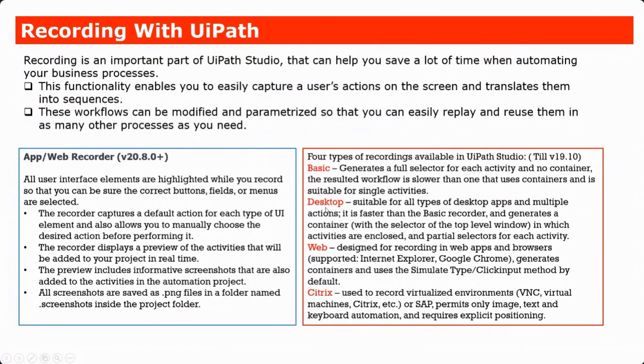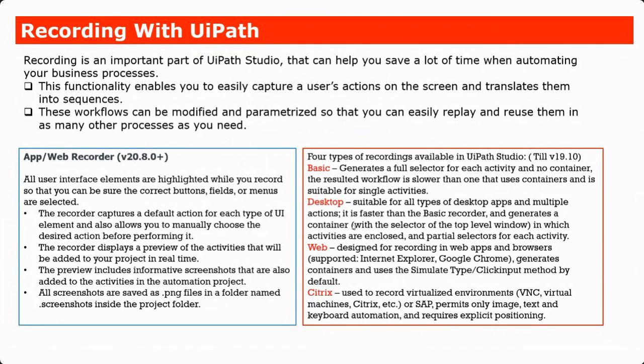In the desktop, whenever you are recording something with a desktop recorder, what it is doing is capturing the selector. When I talk about selector, let's take it this way. For RPA to work with any application, it needs to identify the element on the screen. Every element on the screen has some unique properties, and those properties are known as selector.